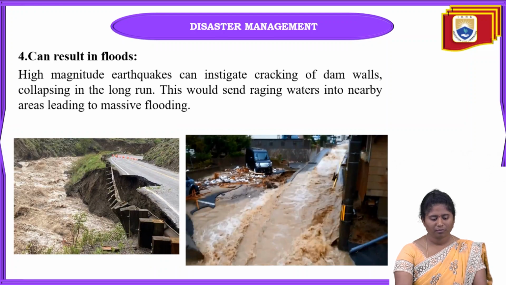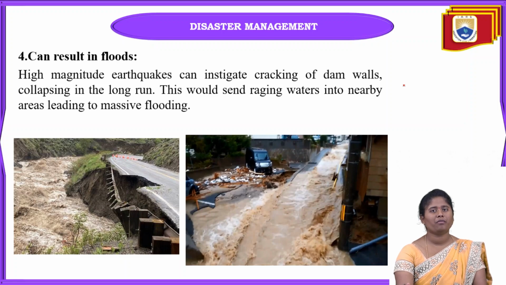Okay, and the next one is that it can result in floods, which is also one of the huge effects of earthquakes. When high magnitude earthquakes form, they can instigate cracking of the dam walls.